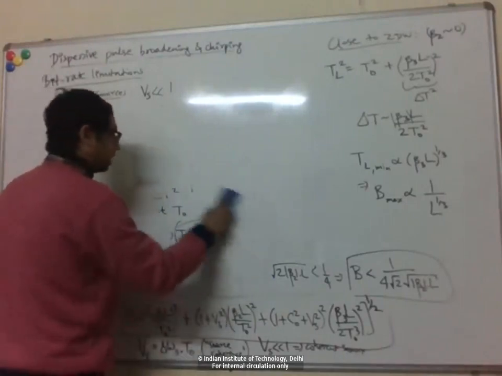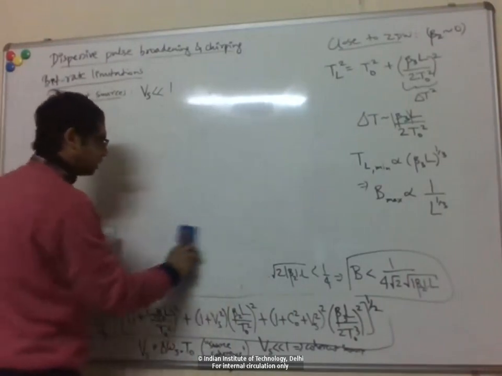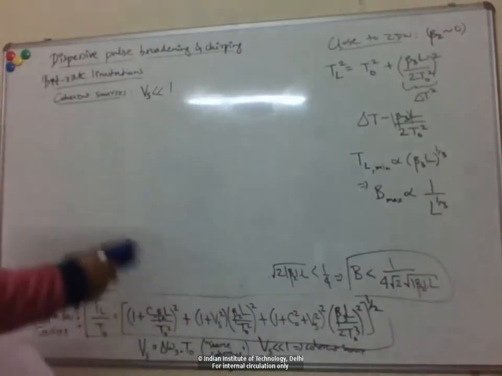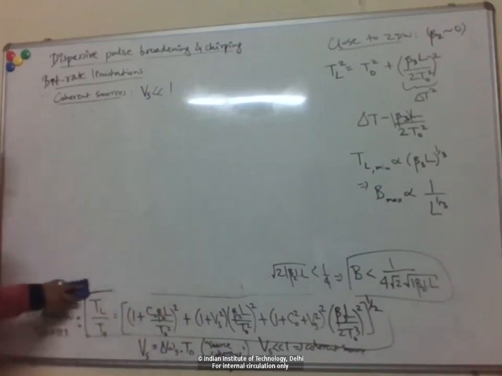The worst case you can imagine is operating with incoherent sources away from the zero dispersion, where beta 2 is dominant. The first improvement you can do is stay with incoherent sources, but go to zero dispersion. Then you're limited by third order dispersion. The next improvement you can do is go to coherent sources, right?